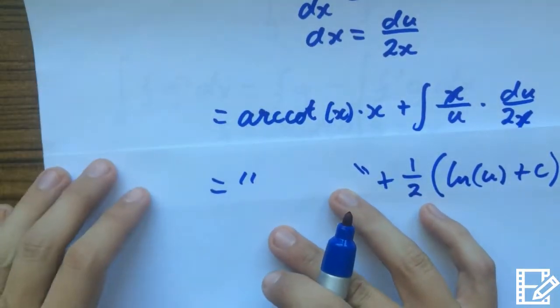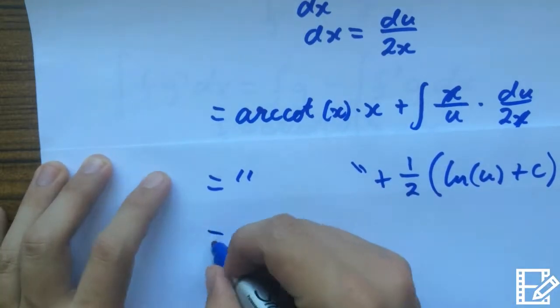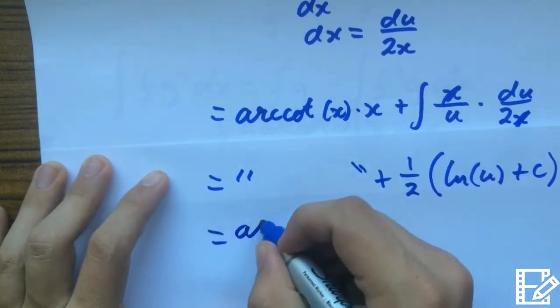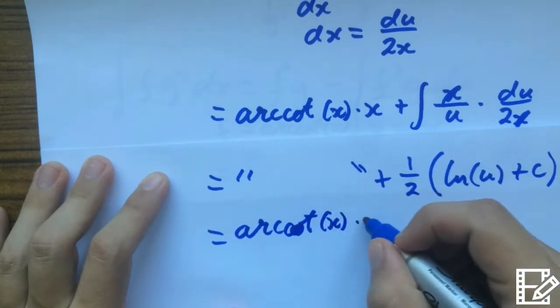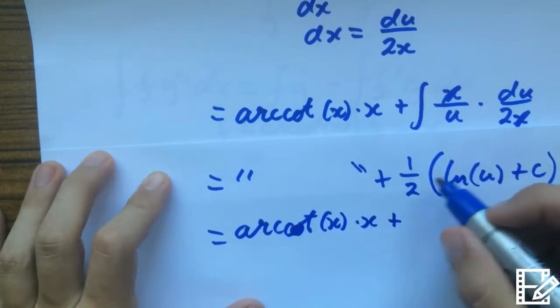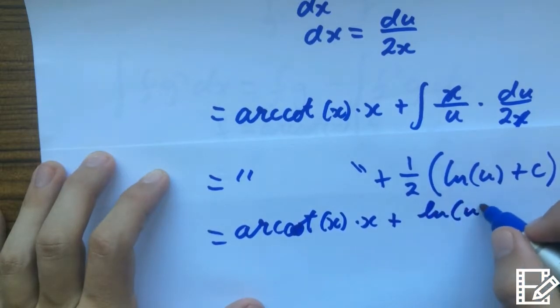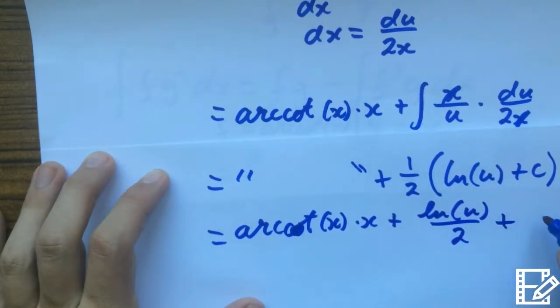Now is when I'm going to put this back in. So I'm going to have arccot of x multiplied by x plus ln u on 2 plus c on 2.